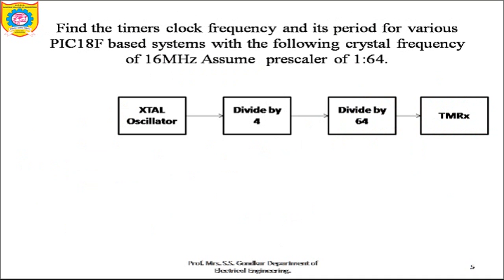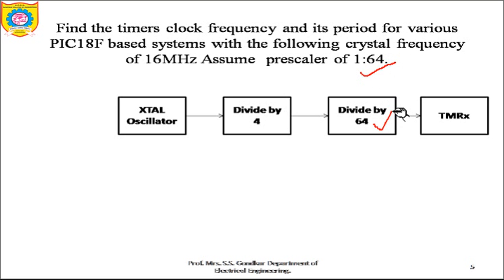you have to find the timer's clock frequency and its period for various PIC 18F based systems with the following crystal frequency of 16 megahertz. Assume the prescaler value of 1:64. So the crystal oscillator frequency, you have to divide it by 4 and divided by 64 because the prescaler is given as 64.